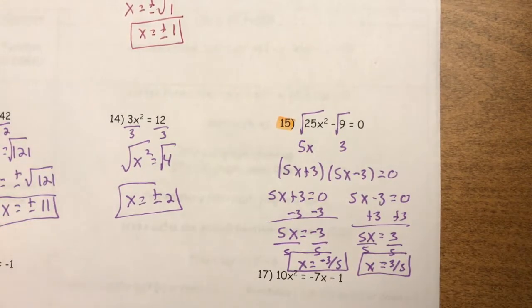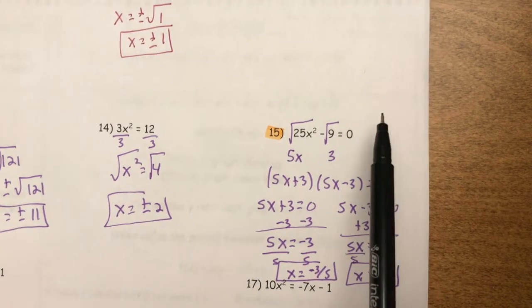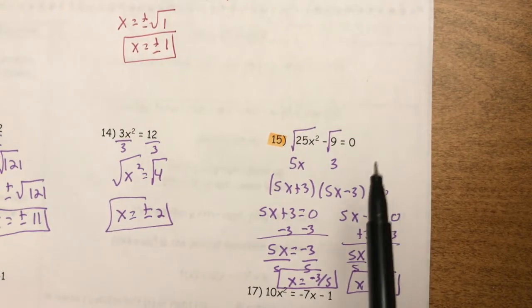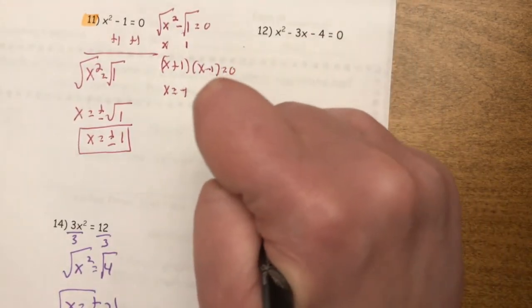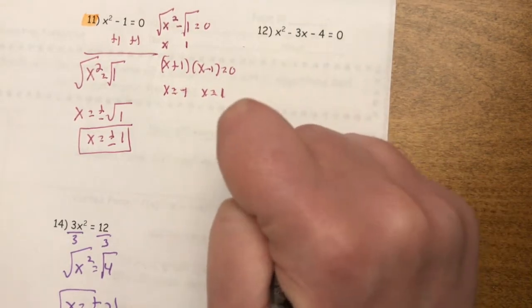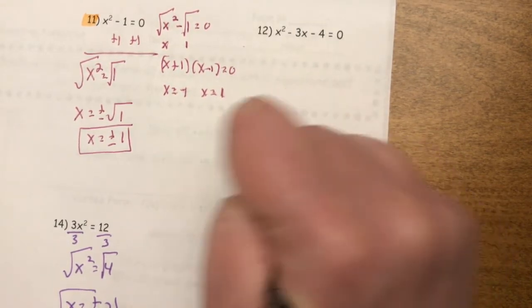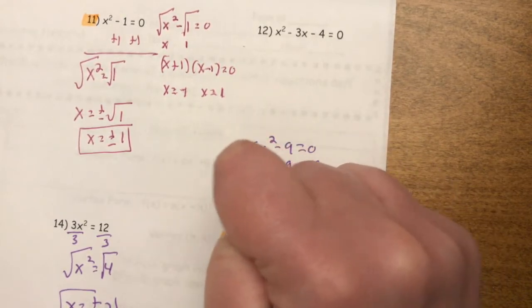Now you could also take that same problem, and I will do it above, where you can actually solve it using the square root method. So I'm going to go up here and rewrite that. 25x squared minus 9 equals 0. You could add 9 to both sides. 25x squared equals 9. Divide by 25.